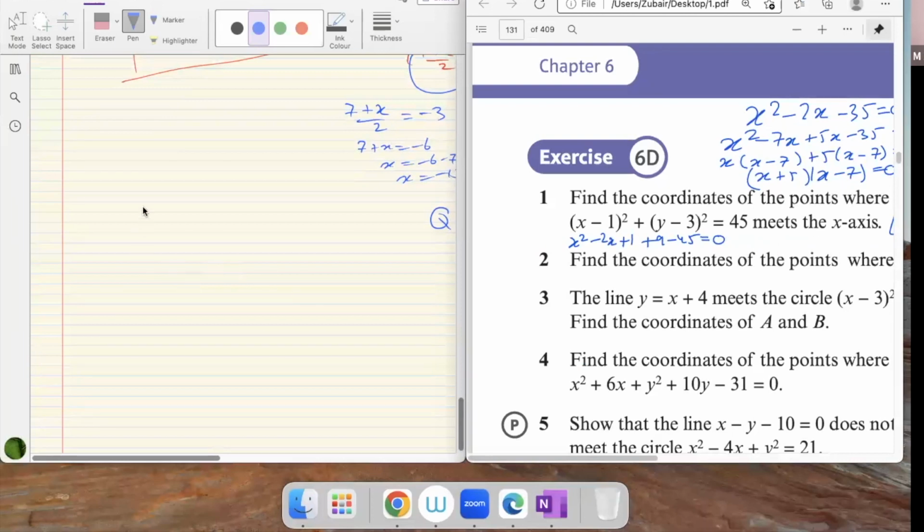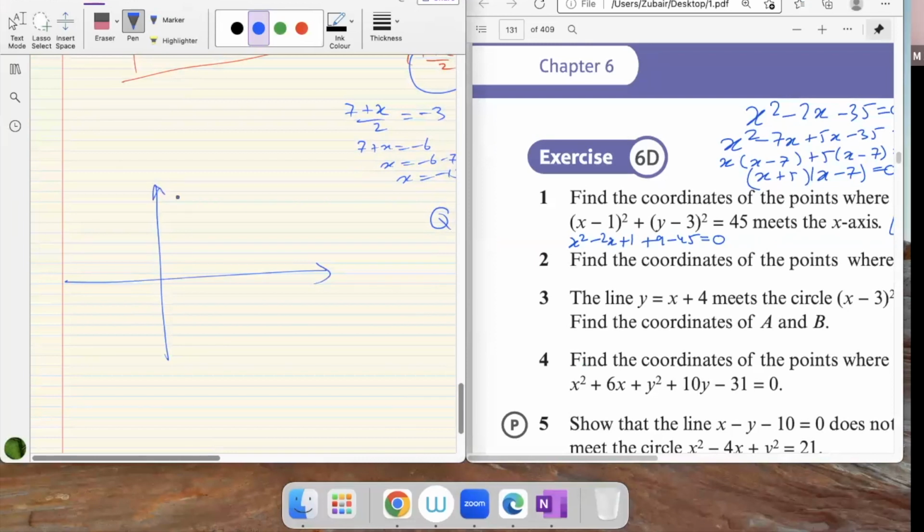The algebra, always go for that. If I try to sketch this circle, the center is 1 comma 3. So at 1, 1, 2, 3, this is the center. If this is the center, whatever the radius is, the circle will look like this.